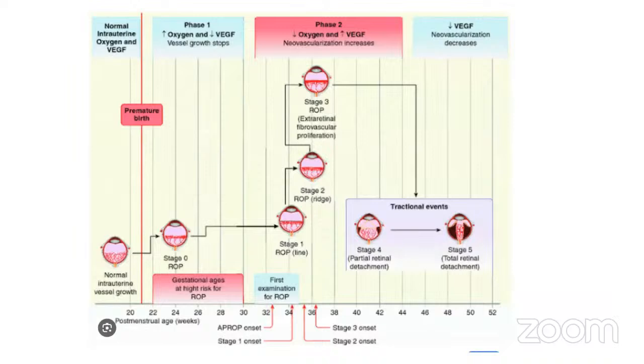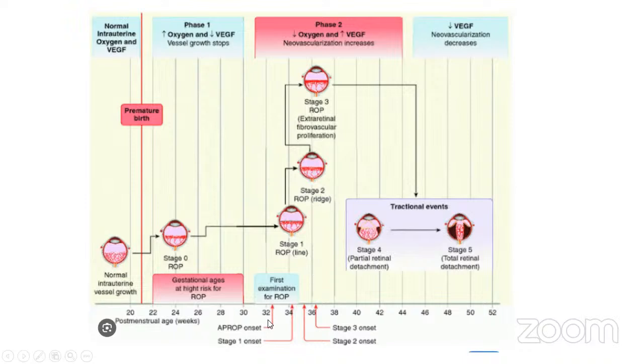This is the flowchart depicting the pathogenesis. Especially in premature babies, who are subjected to oxygenation for various systemic conditions, there is an increased oxygen load, leading to capillary closure and then to neovascularization when the oxygen supply is stopped.